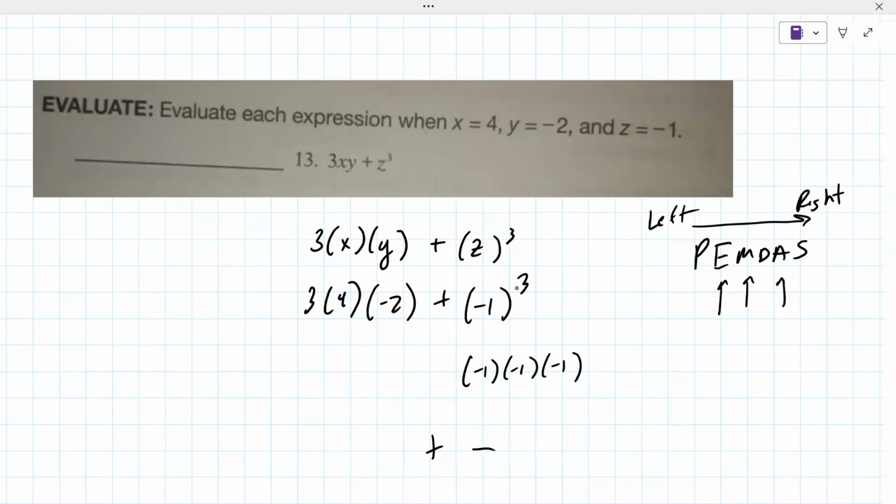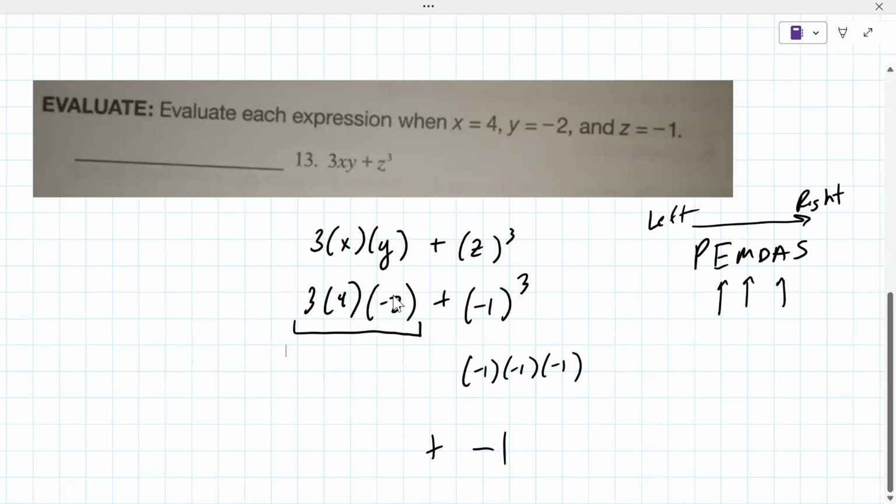-1. Now multiply these three numbers together: 3 times 4 times -2. You're welcome to use a calculator.